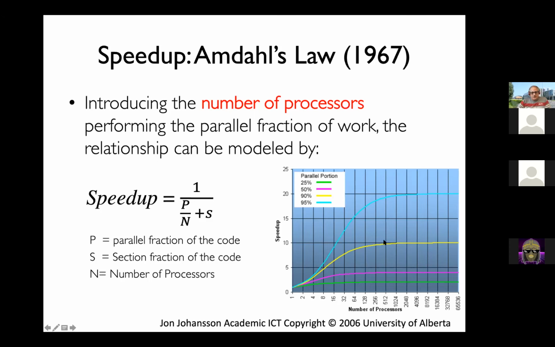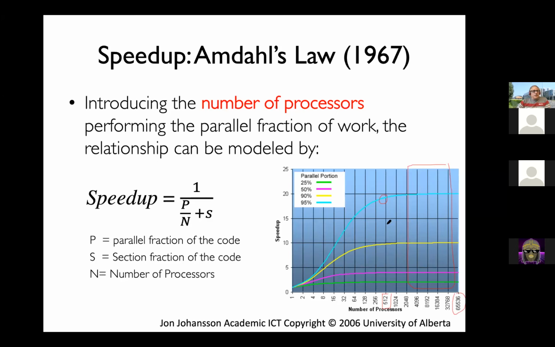You see, for instance, here that it doesn't make any more sense in this case to increase the number of CPUs in this region, because the speed up will not increase anymore. It's more beneficial, I should say, to use 500 CPUs to give you almost the same speed up as if you use this amount of CPUs over here.